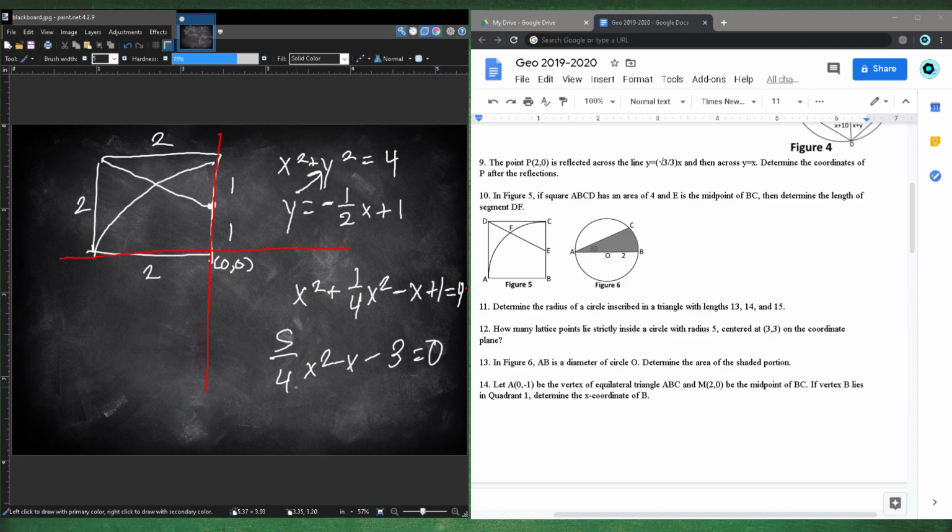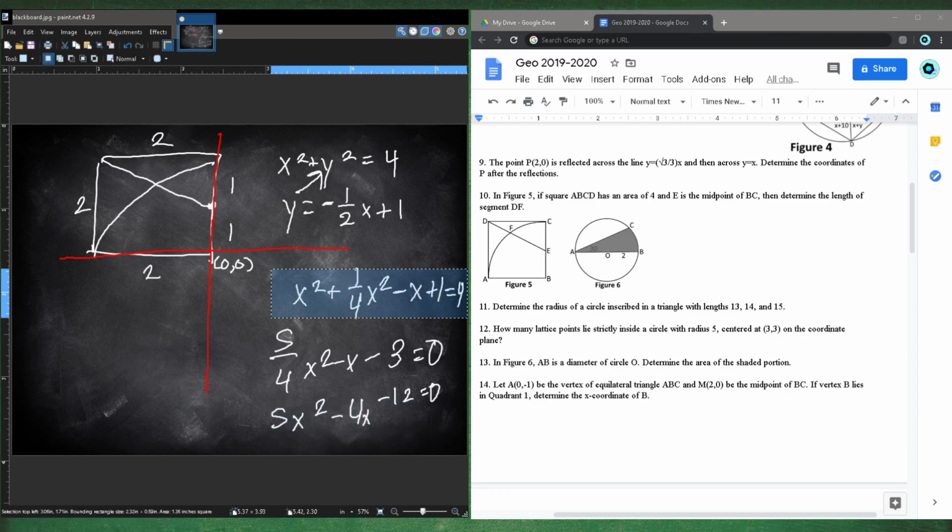And then multiply by 4 to get this out. So it's got to be 5x squared minus 4x minus 12. Okay, so we know that's true. So let's delete all this because we don't need it.